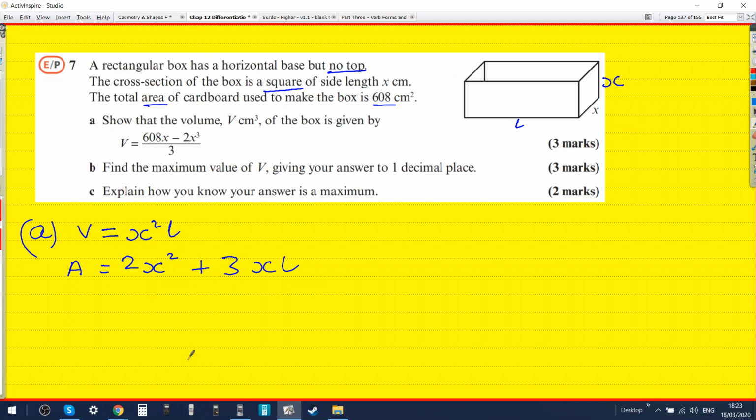And then do you do simultaneous equations? Kind of. So we don't have what the volume actually is. No, we don't. What do we have? The area, 608.